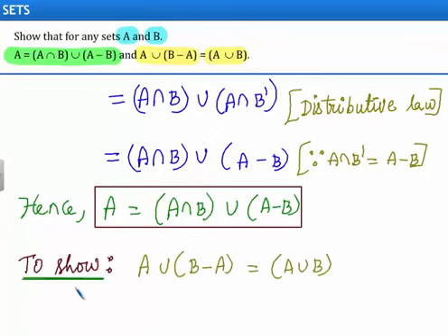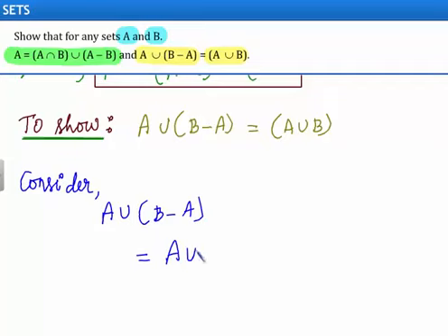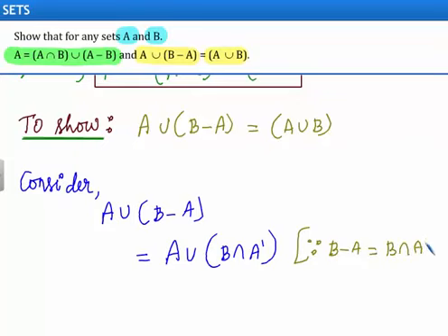Next, we need to show A union B minus A is equal to A union B. Let us consider A union B minus A. This will be equal to A union B intersection A complement, since B minus A can be written as B intersection A complement.